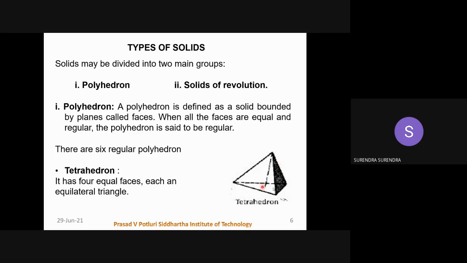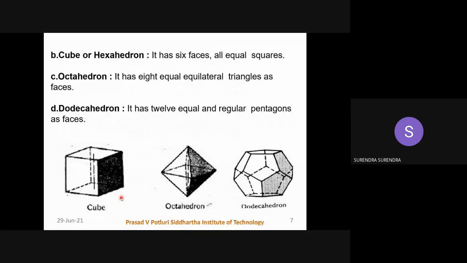The number of surfaces is 4 equal faces, each an equilateral triangle. Tet means 4, so tetrahedron. Similarly, cube is also called hexahedron. It is formed by 6 equal faces, all of them squares.